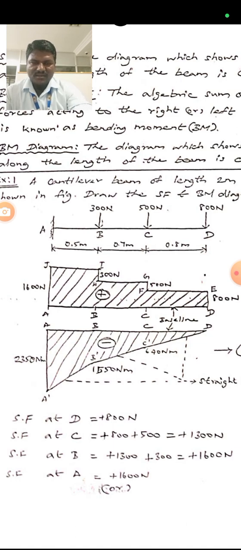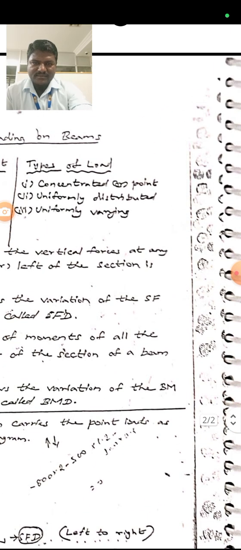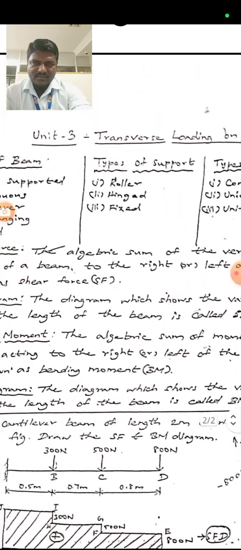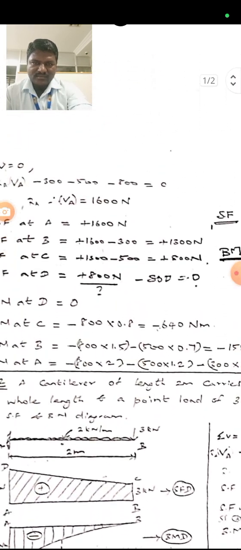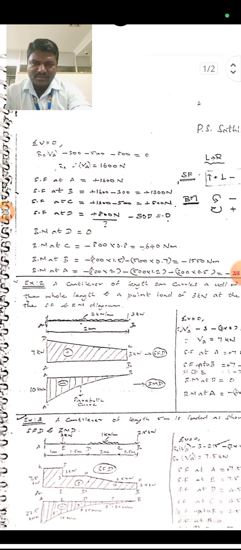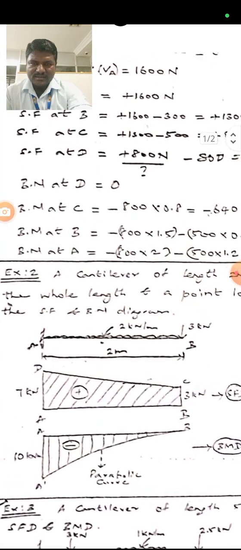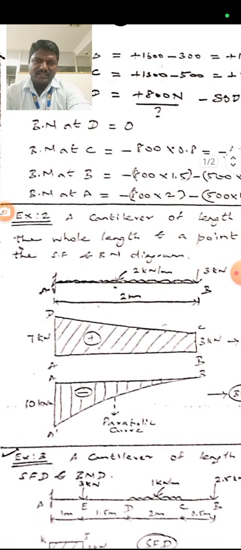Next we go to the bending moment. In general, for a cantilever beam the bending moment at the free end is always 0, so the bending moment at point D is 0.